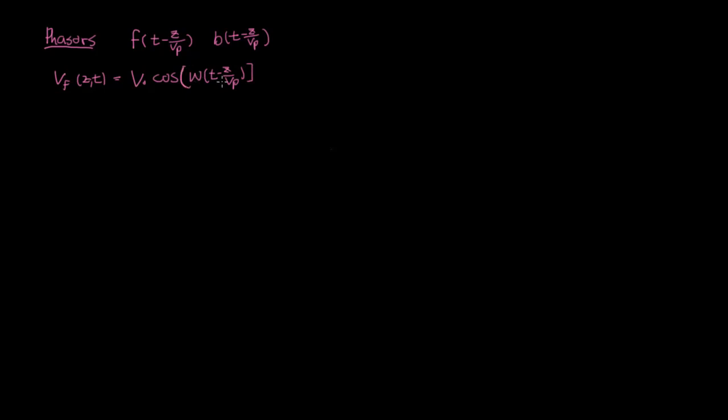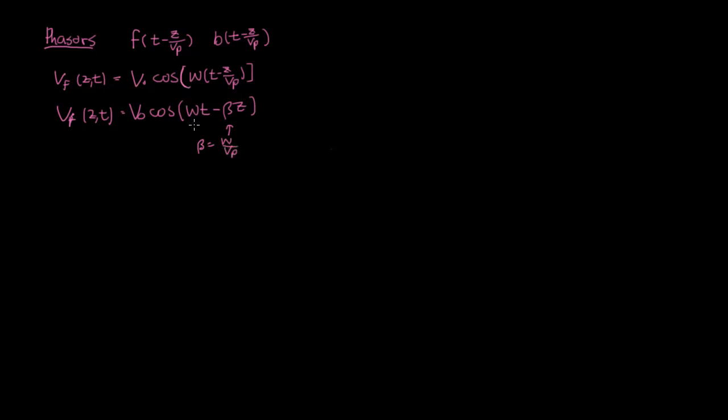Or let's just distribute this omega in. Vf of z,t is going to be equal to the amplitude cosine of omega t minus beta z for a wave going in the positive z direction, where beta is defined as omega over vp.